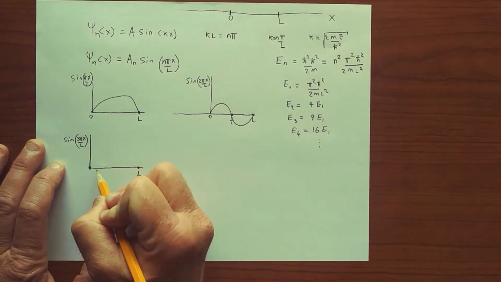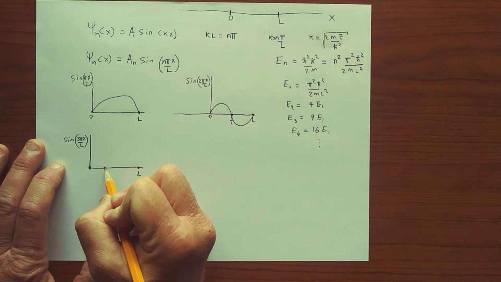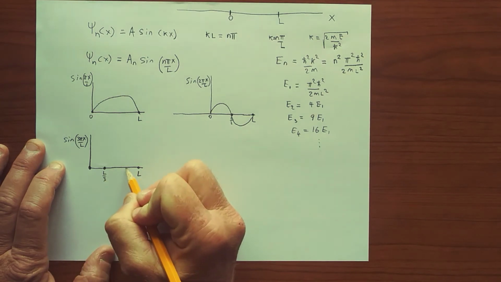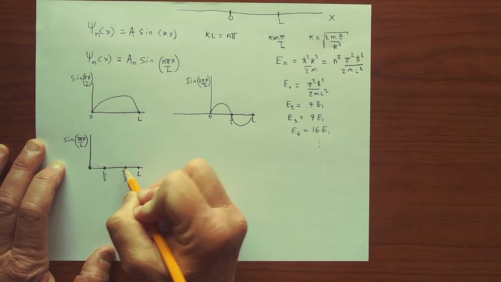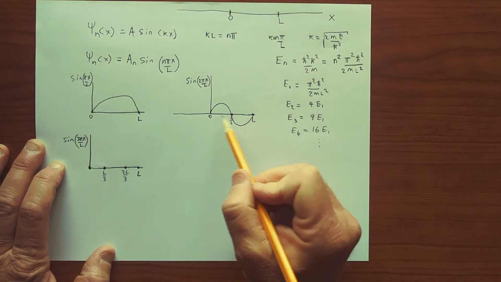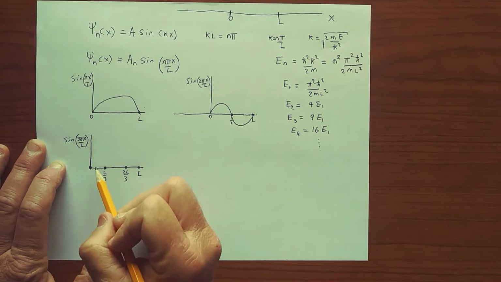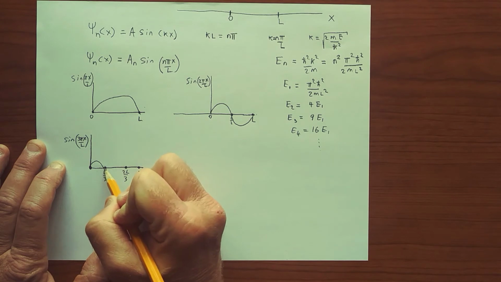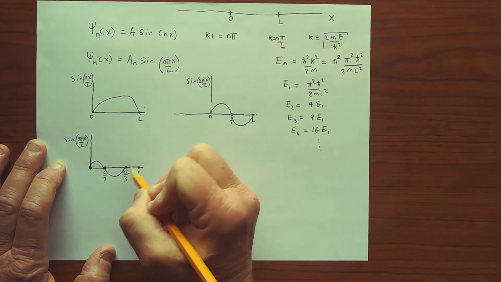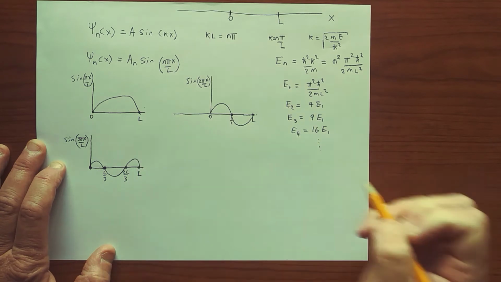So it goes to 0 here, but also at L over 3, and then at 2L over 3. So initially we divided it into 2 parts. Now we're going to divide it into 3 parts, so the function goes to 0 there, and then it goes to 0 again at L.